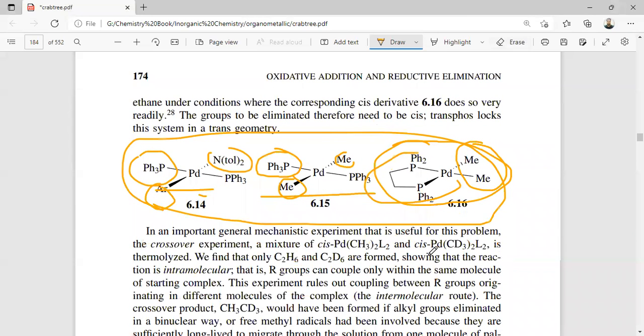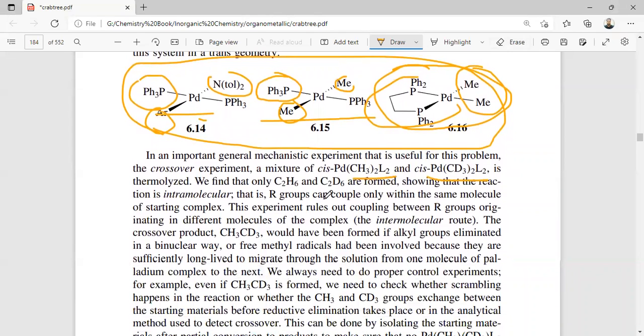An important general mechanistic experiment that is useful for this problem is the crossover experiment. A mixture of cis palladium (CH3)2L2 and cis palladium (CD3)2L2 is thermolyzed. We found that only C2H6 and C2D6 are formed. So the reaction is intramolecular: the R groups can couple only with the same molecule of starting material.